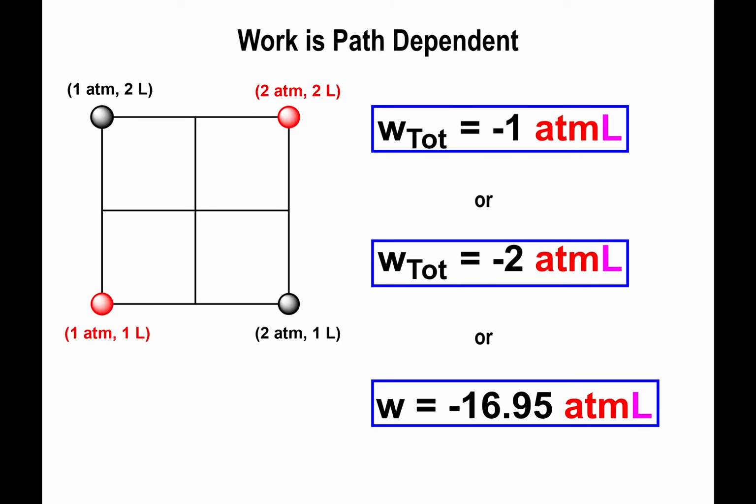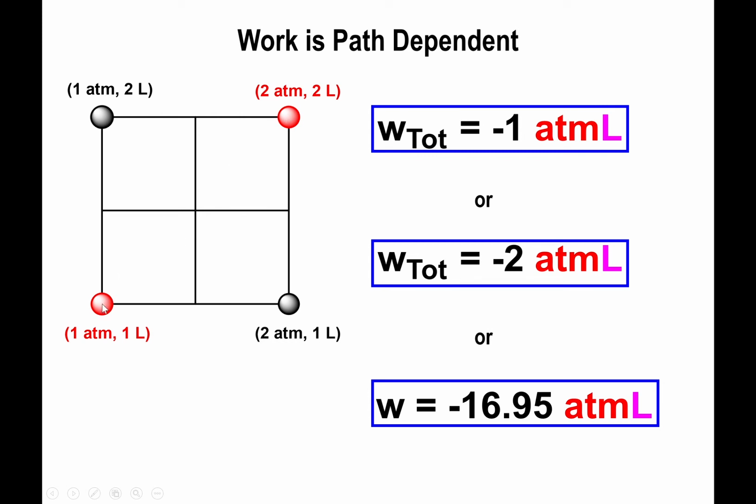Another thing that I also want to point out is that the work and the heat, for that matter, are actually path dependent. So in this little graph right here, if you go from a state of 1 atmosphere pressure and 1 liter volume, ultimately to a state of 2 atmosphere pressure and 2 liter volume, you could do this a number of ways.